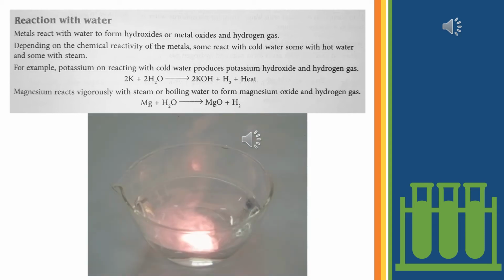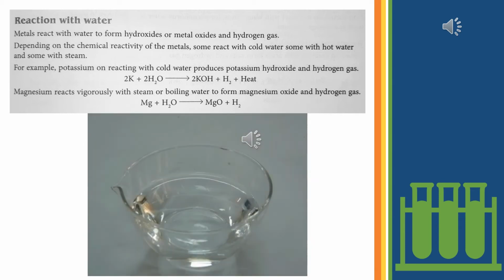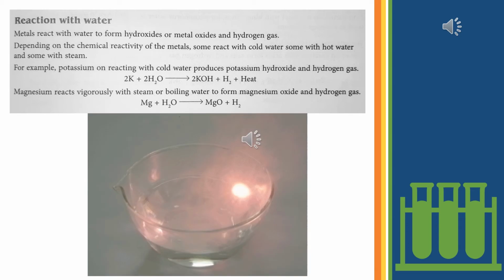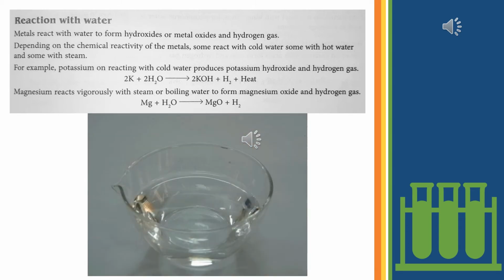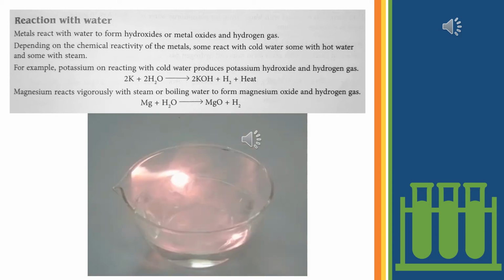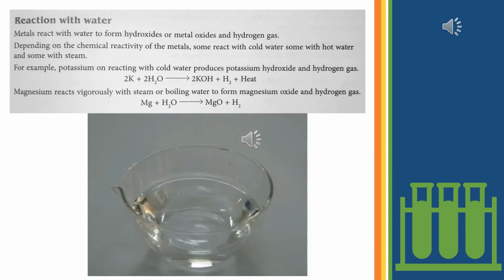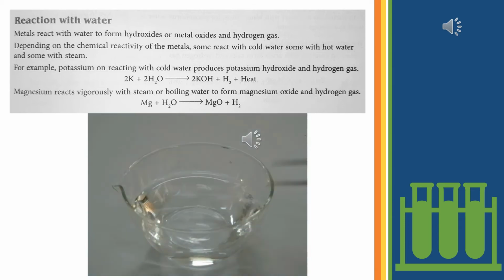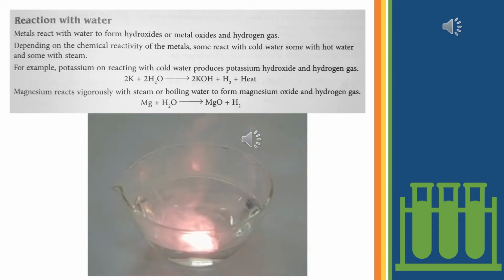Next chemical property is reaction with water. In terms of metals, most of the metals react with water to form metal oxides or metal hydroxides and release hydrogen gas. Going according to the book, metal reacts with water to form hydroxides or metal oxides and hydrogen gas.